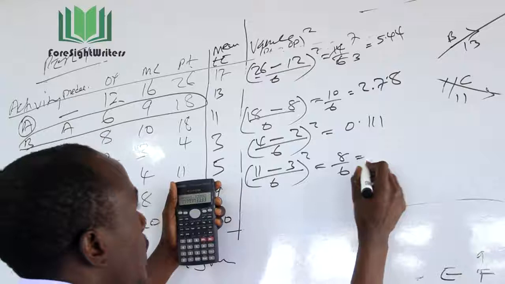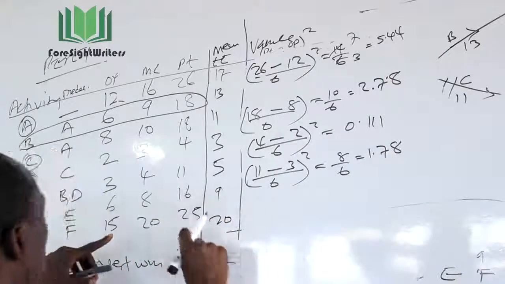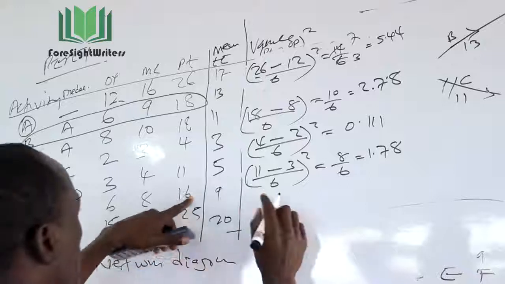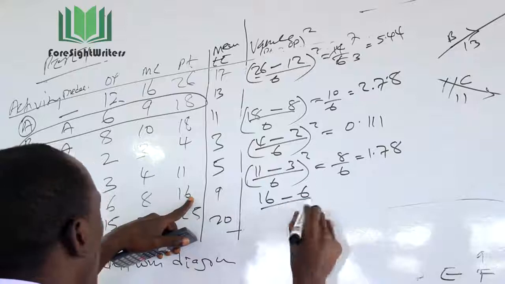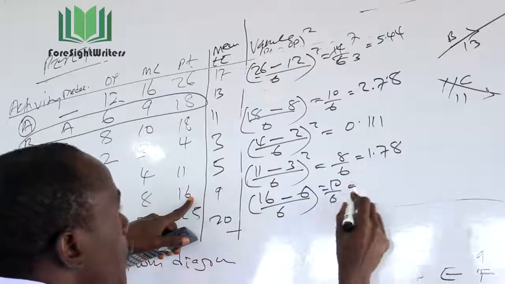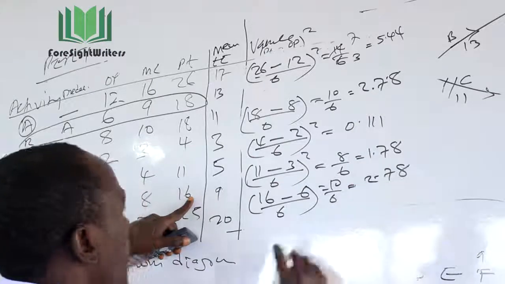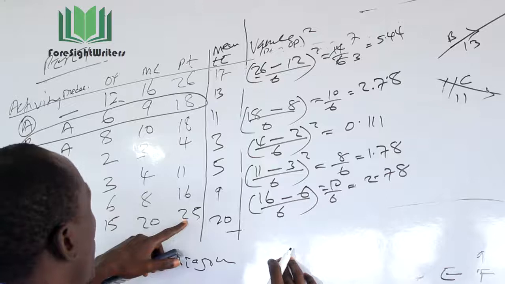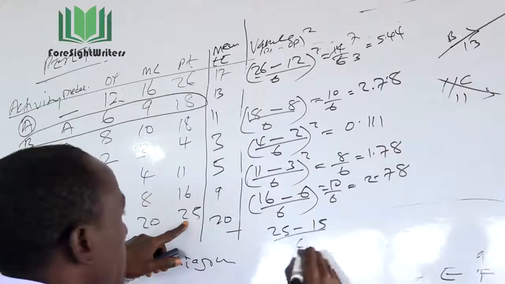Then the second last is 16 minus 6 over 6, which is also 10 over 6, the same as before, 2.78. Finally, the pessimistic time is 25 minus 15 divided by 6, so this becomes 10 over 6, also 2.78.